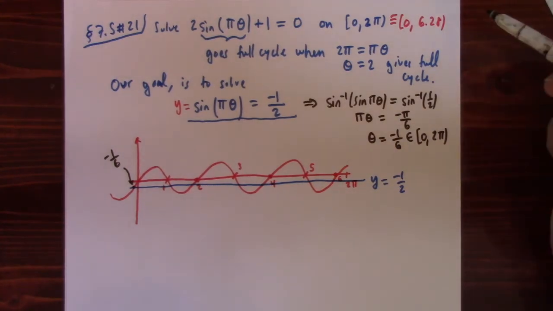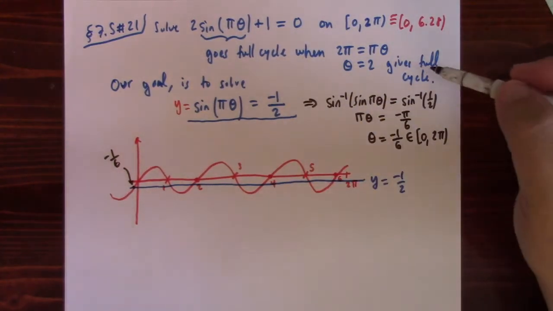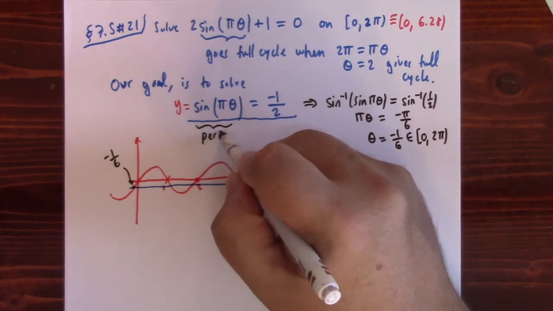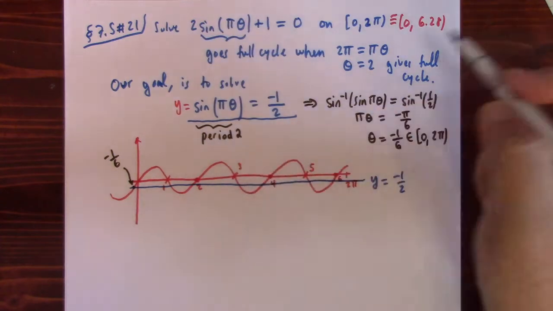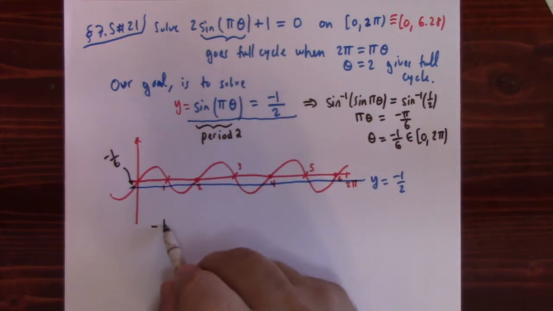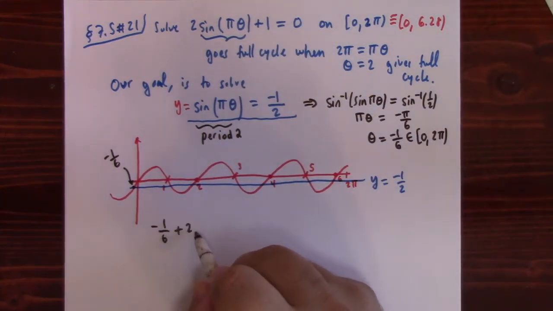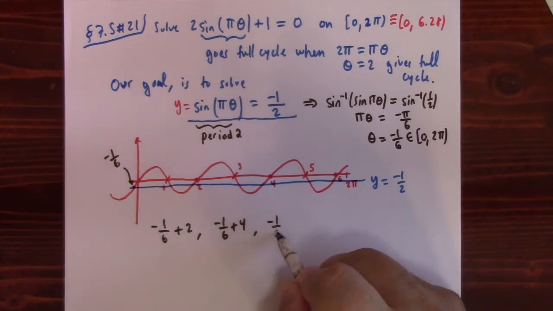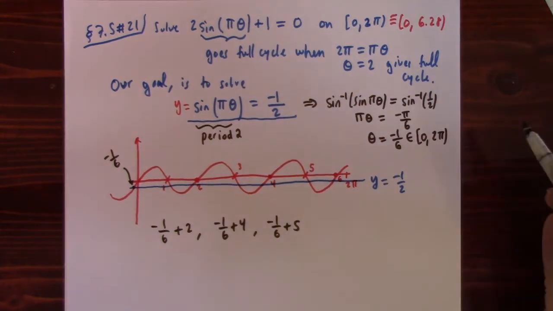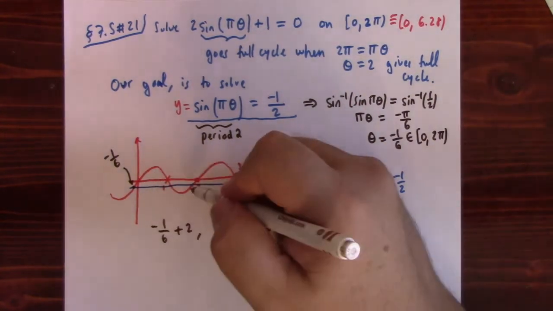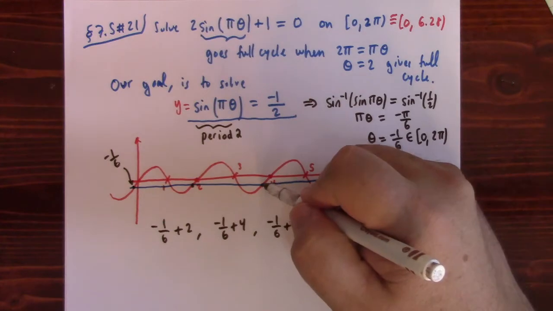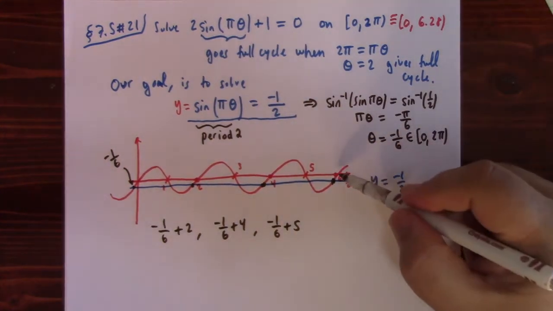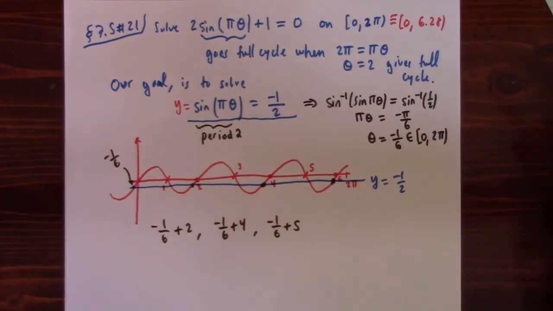The period of this function is 2. So I know that minus 1/6 plus 2, minus 1/6 plus 4, minus 1/6 plus 6, these will also be solutions because it repeats itself. And those ones are this one, and this one, and this one. And you can see, by the way, that past 6 we don't get anything because it's not going to intersect minus 1/2.